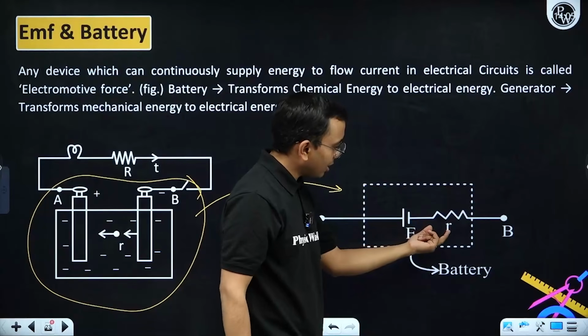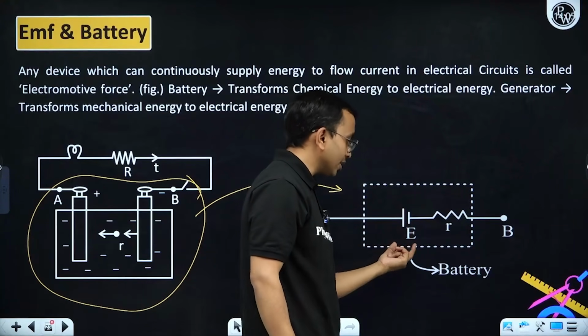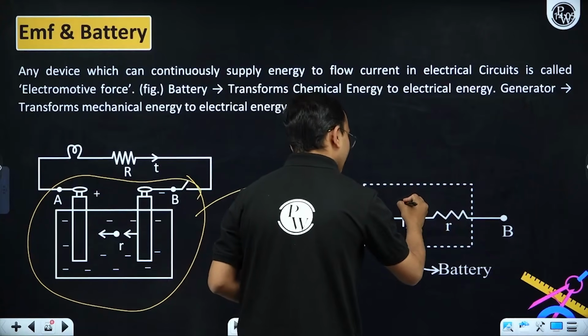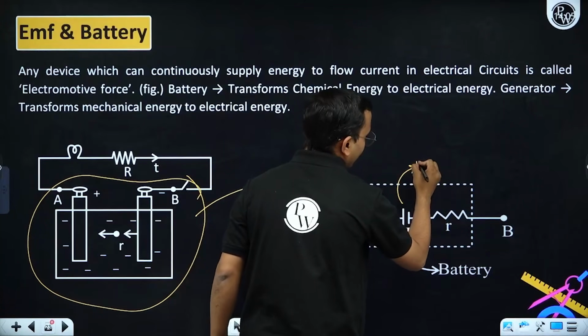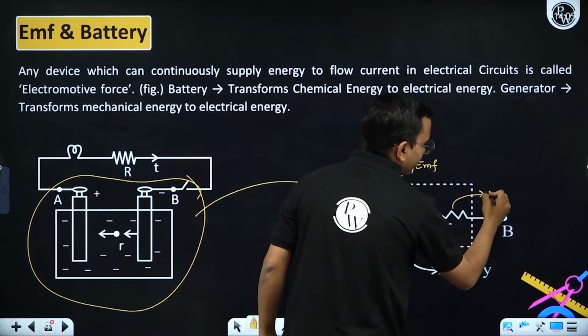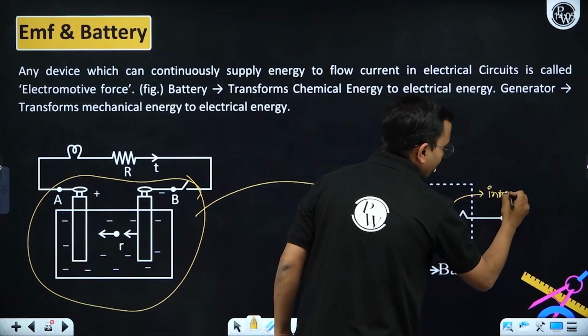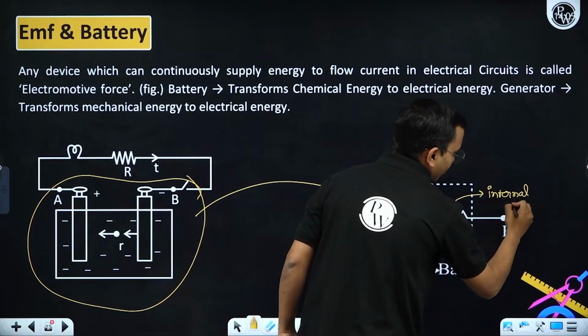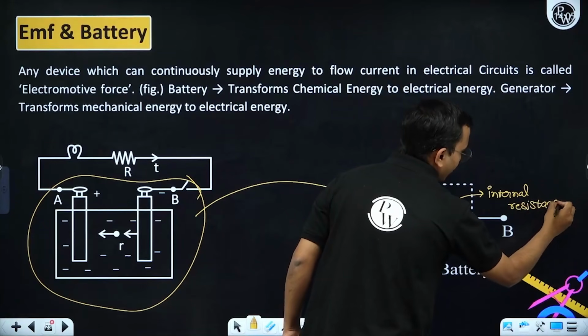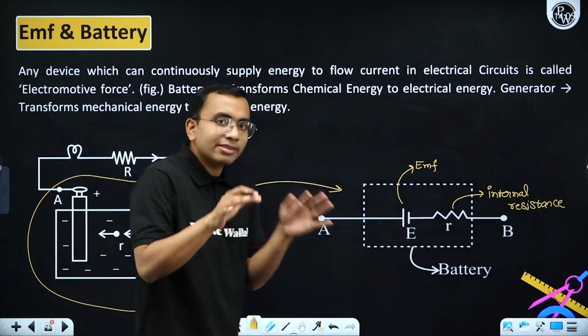So any battery we represent like this. This is my EMF of the battery and this R is the internal resistance.